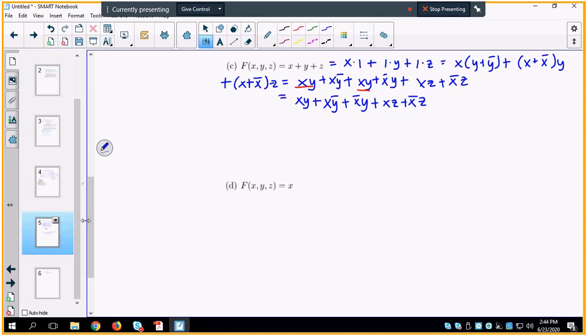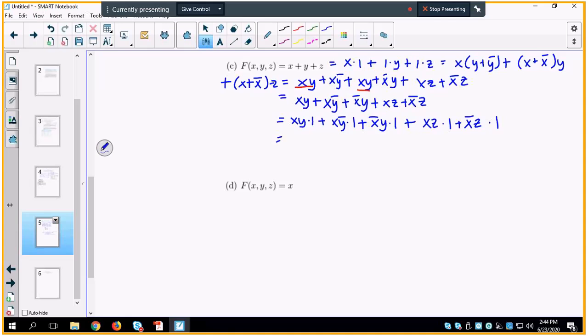And again, I still need to introduce one variable to each. For the first three terms, I need to introduce z, and then I need to introduce y to these last ones. So I'm going to write this as xy times 1 plus xy bar times 1 plus x bar y times 1 plus xz times 1 plus x bar z times 1.